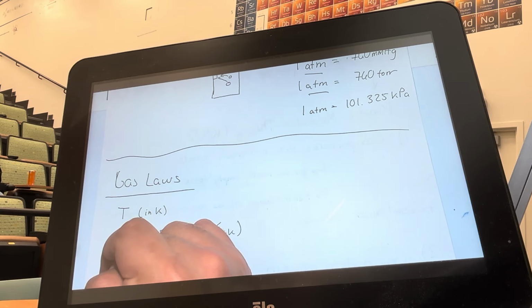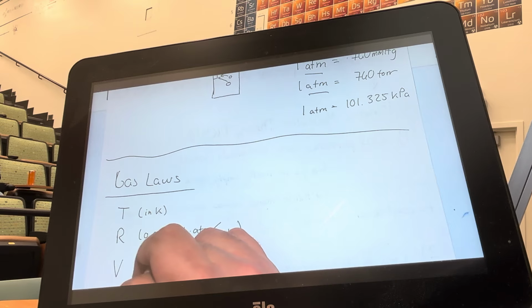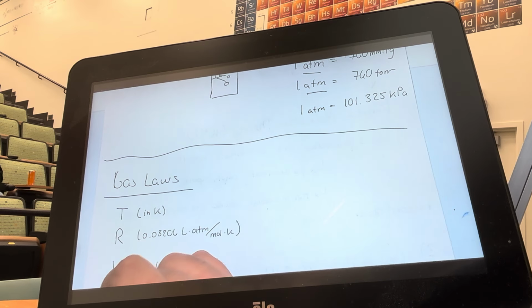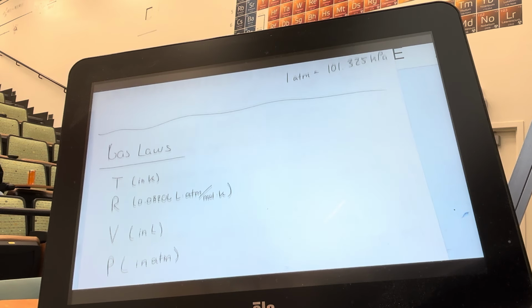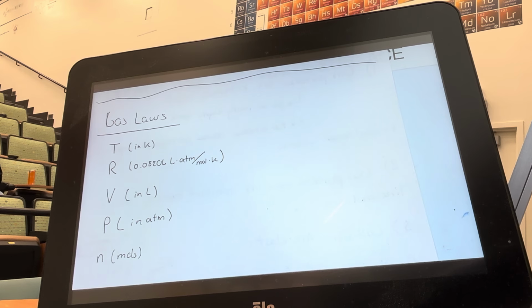There's volume, typically in liters. Pressure, typically in atmospheres. And then you have the actual gas itself, the moles. All these different things come together to create the gas laws.